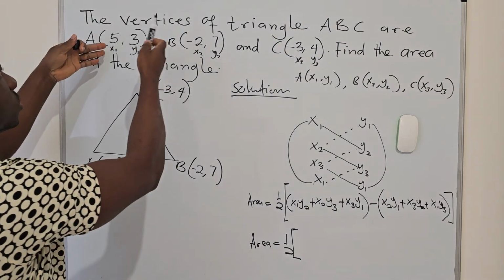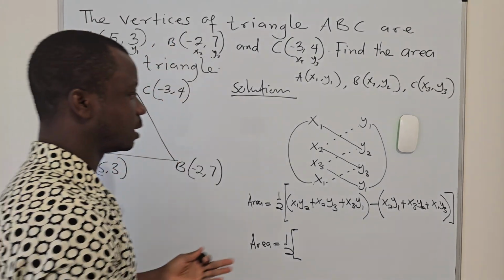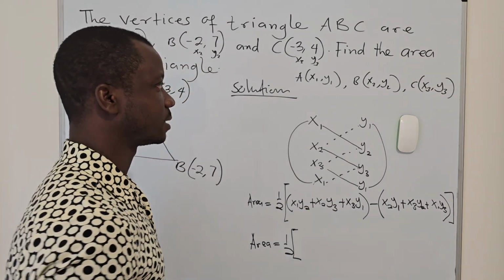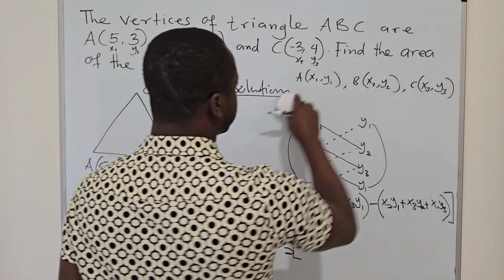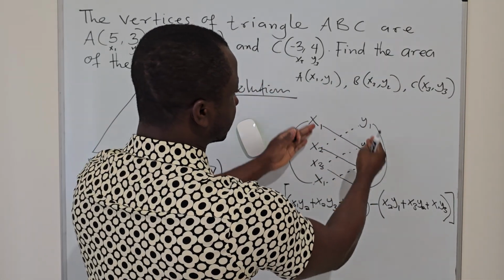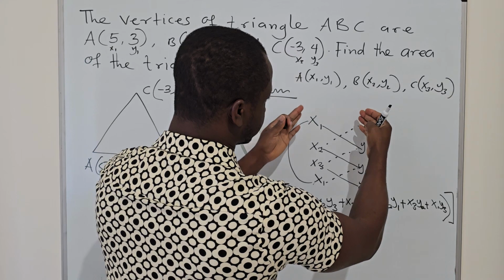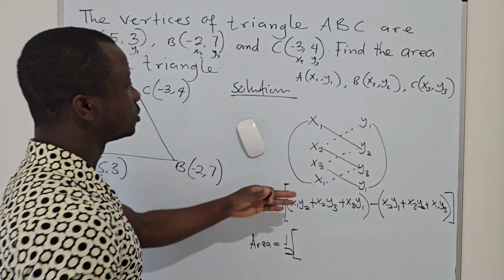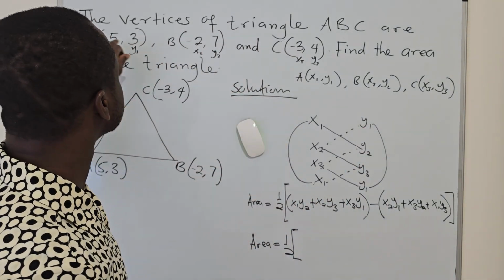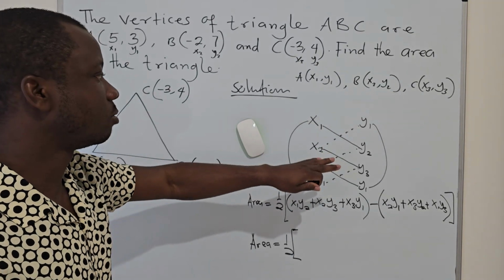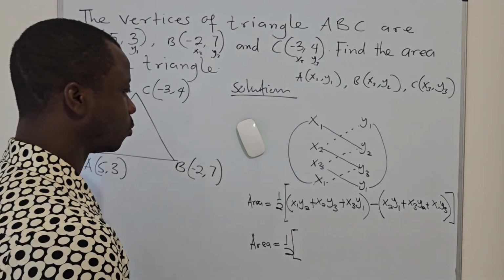So you can use this one based on this one, and then you fix them in the formula, then you get the answer. Or the way I represented this coordinate in this form, I'm going to use the same format to put these numbers in this form, and that one will be easy for us to work on.